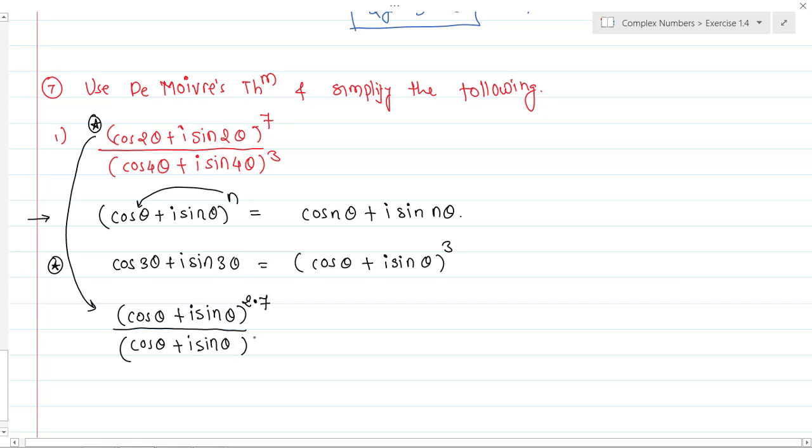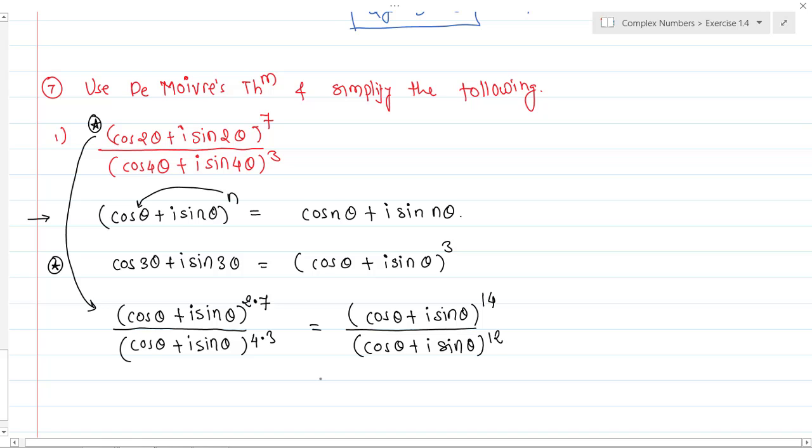So how can I write now? So the index is what? It is a 4 and the previous index was a 3. So this is equals to cos theta plus I sin theta to the power 14 whole divided by cos theta plus I sin theta, how much power? 12.